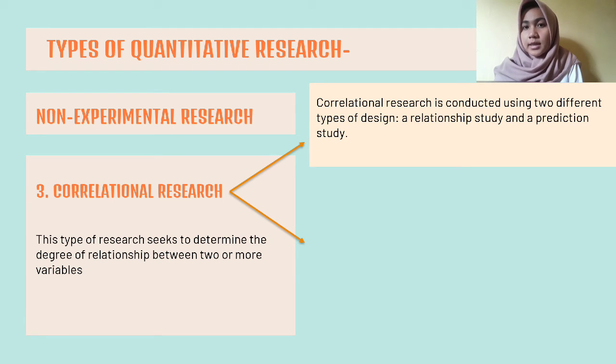A highly negative correlation is not a relation that is bad, but one that results from scores on two variables moving in opposite directions. An increase in a variable is accompanied by a decrease in the other variable being studied. For example, correlational research is the relationship between online class and the effect on the students.